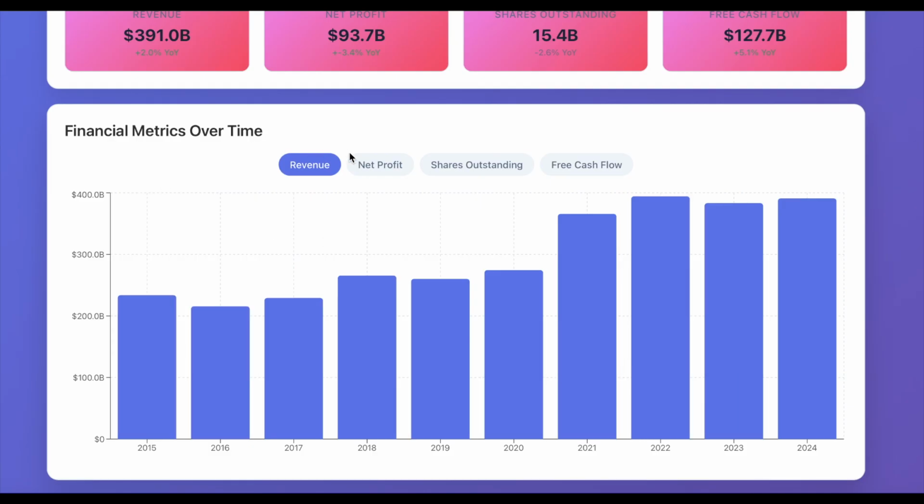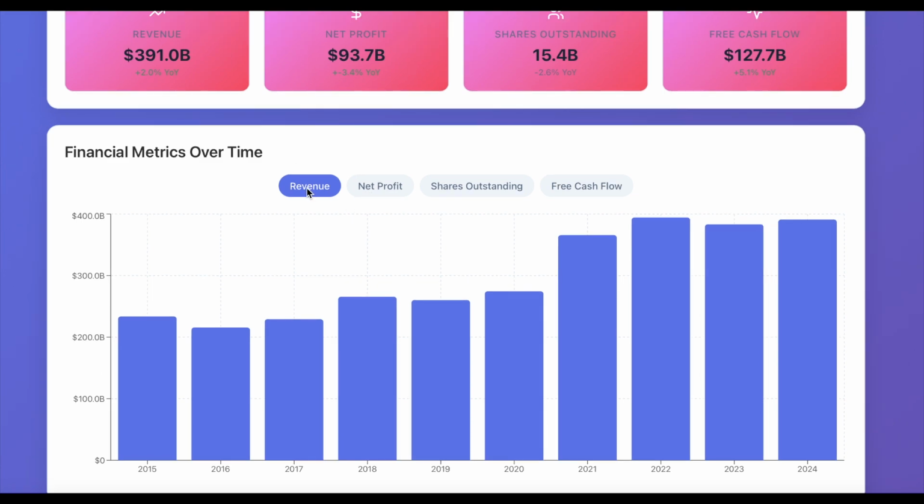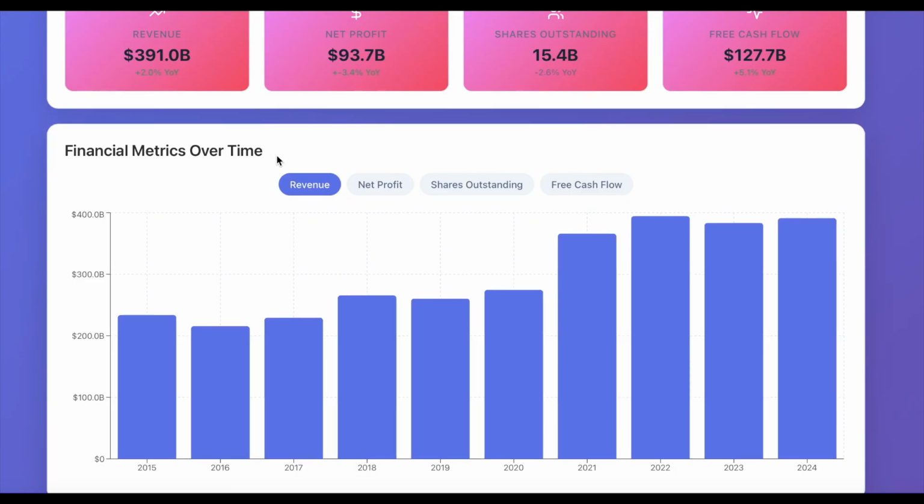So these metrics are just some metrics that I particularly find useful when valuing a company. So for example, you've got revenue, which is useful to see the market share of a company over time. So if revenue increases over time, it means that the company has increased its market share in the industry. So this is useful to see, so you can see if the company is growing or declining.